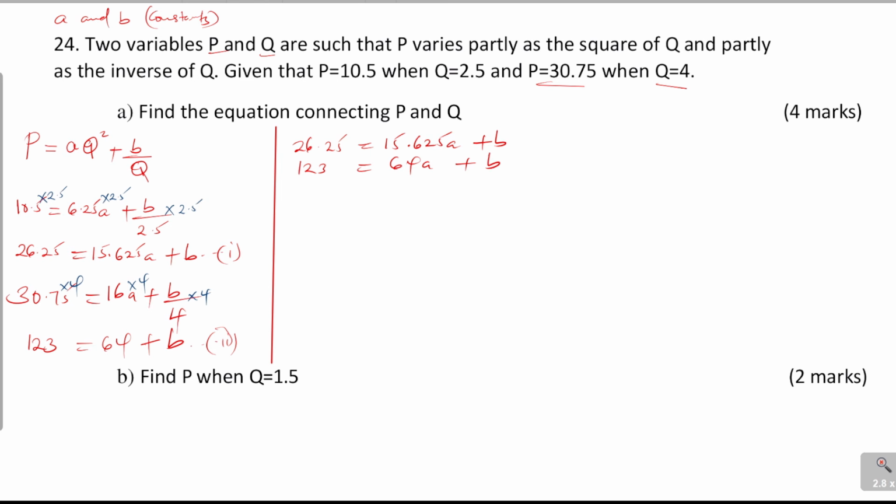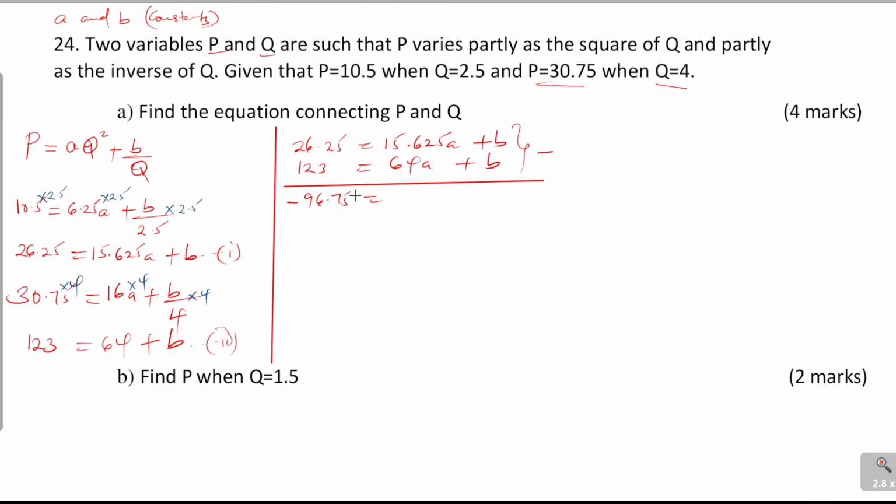So I can eliminate b by simply subtracting. You solve these equations simultaneously, so I can subtract. So you have 26.25 subtract 123, that gives negative 96.75.